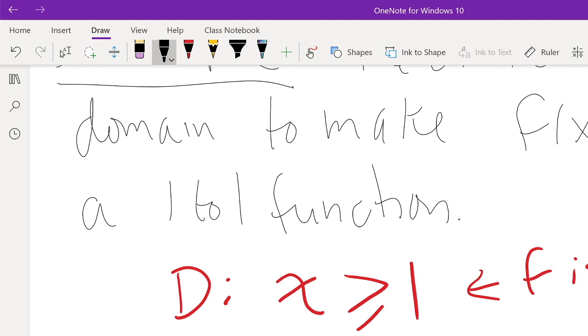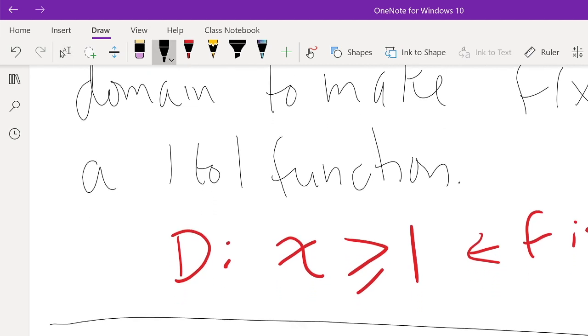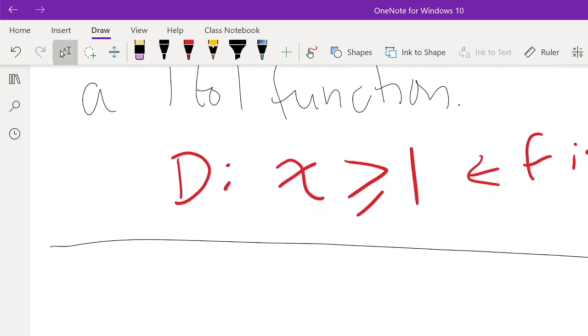Okay, so here to kind of summarize. Existence of inverse functions.